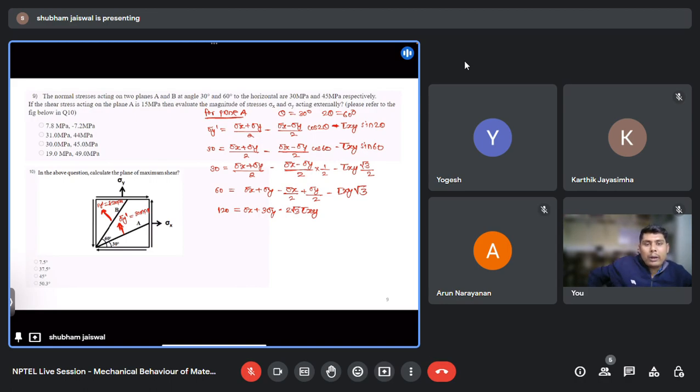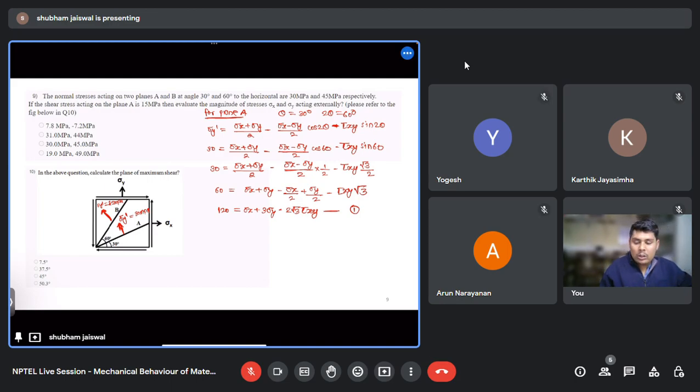Sigma x minus sigma x by 2 comes out to be sigma x by 2, plus 3 sigma y by 2, minus tau xy root 3. So I am multiplying with 2 on both sides. I will get 120 is equal to sigma x plus 3 sigma y minus 2 root 3 tau xy. Is it correct? Yes. So this is our equation 1.